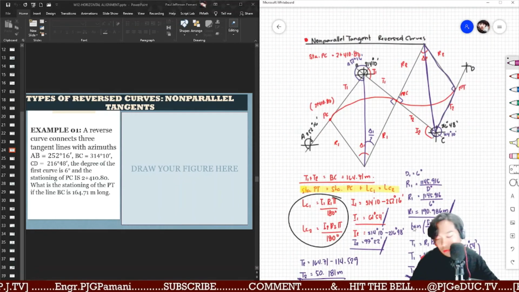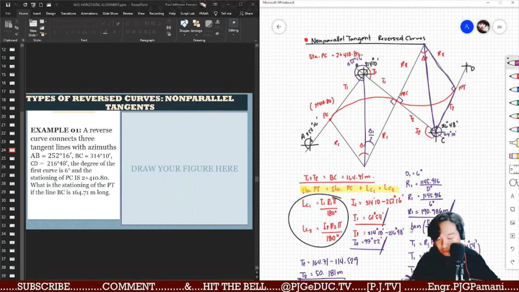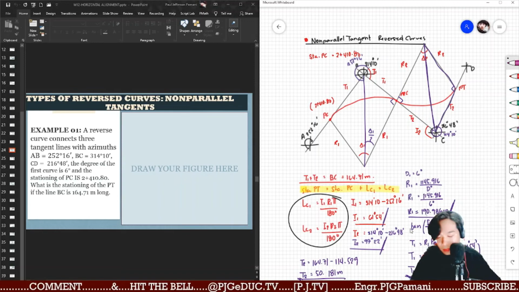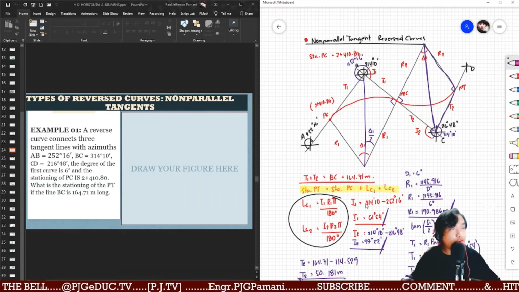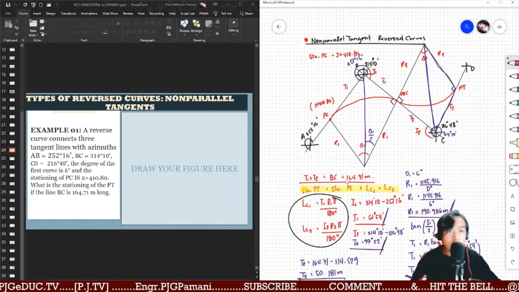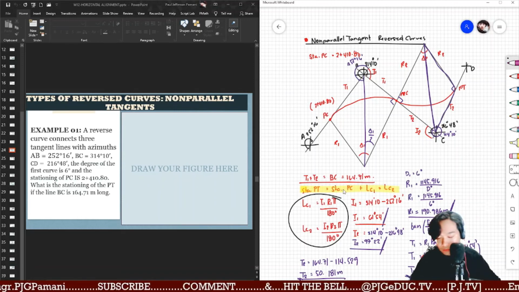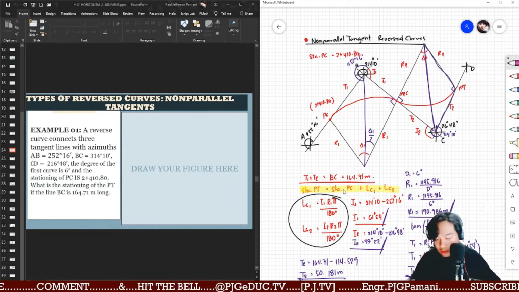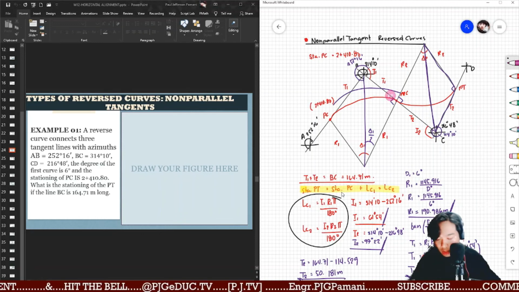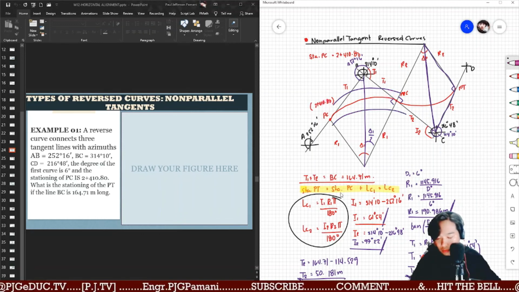So later on, in actual surveying and plotting or laying out of data, it is just like this. This is the center of the identified road or lane, and we just offset from its center to create the first and second lane of the road.